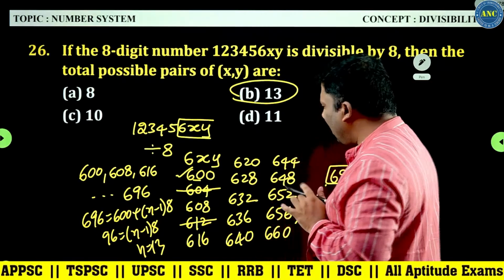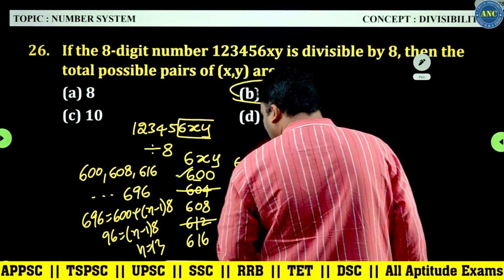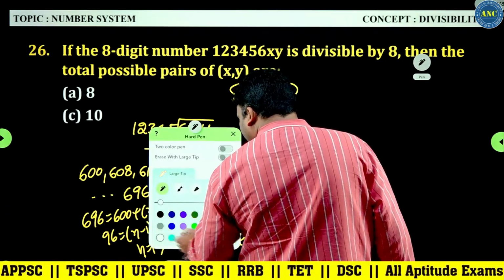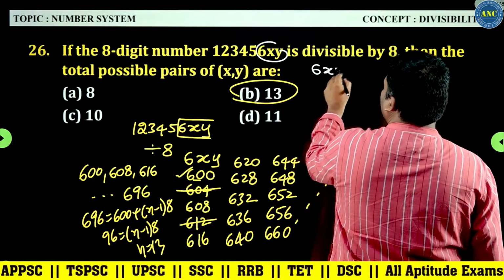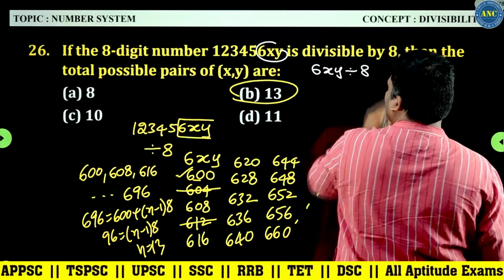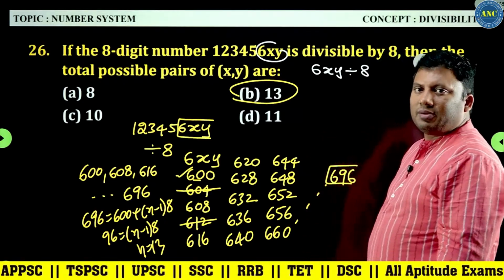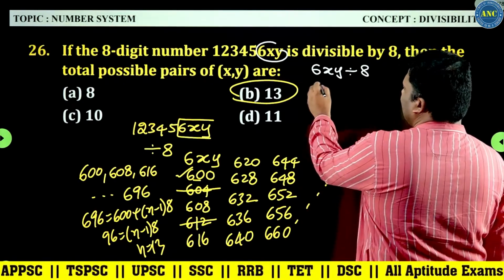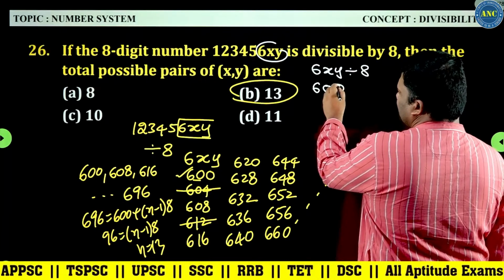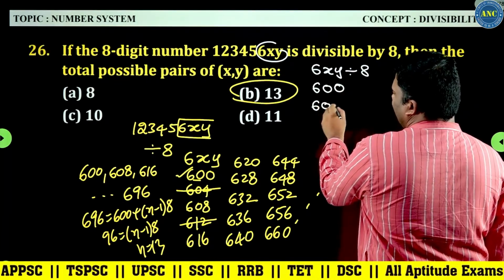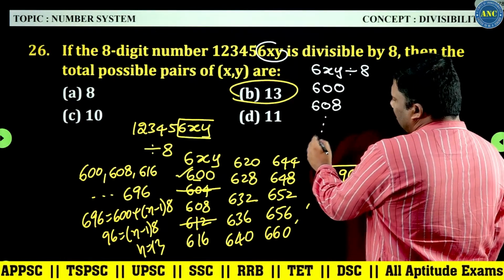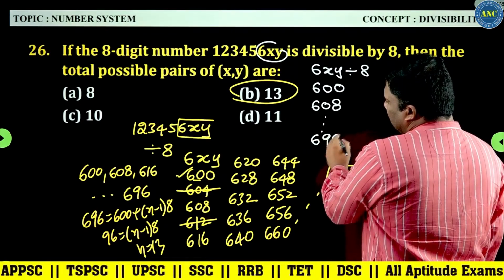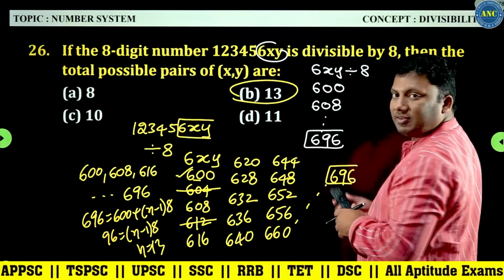Concept clear, right? Another way to look at this question is, now see here, 6xy should be divisible by 8. 600 is divisible by 8. Next, after 8 numbers, 608 is divisible. 6 12s are 96. 696 divisible.